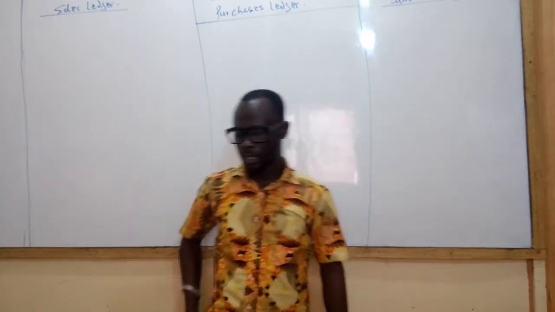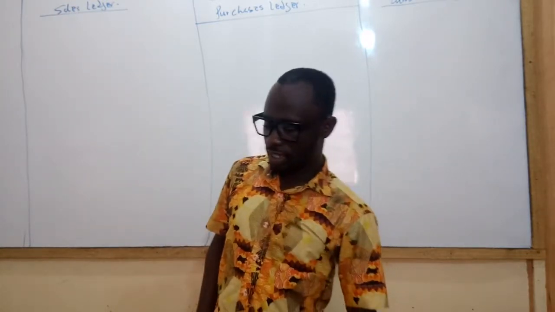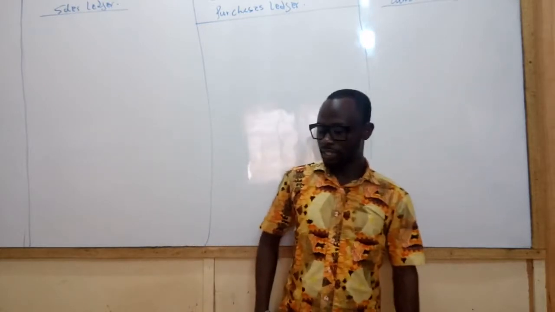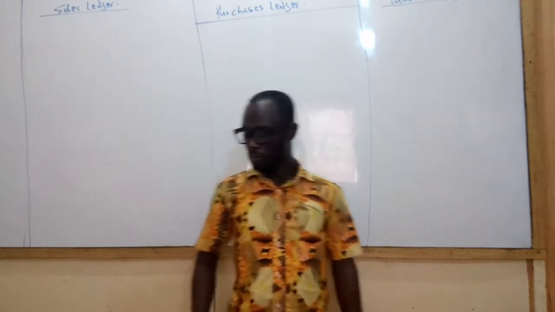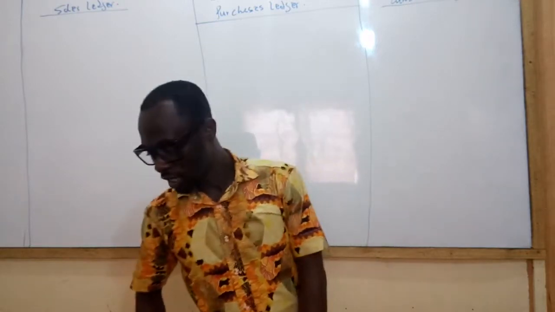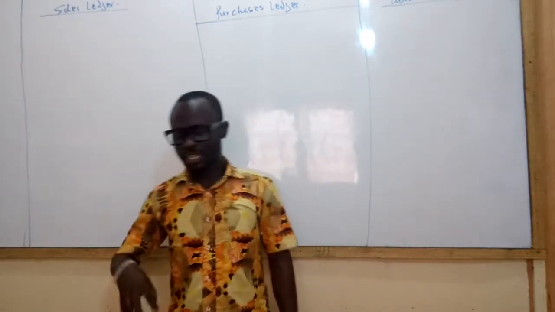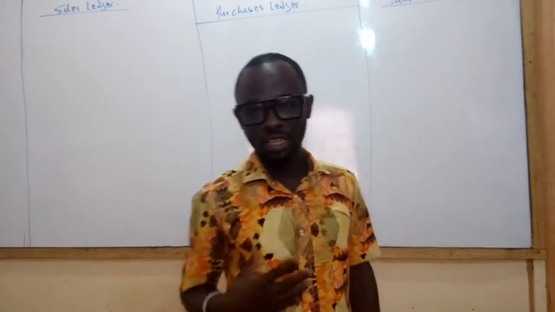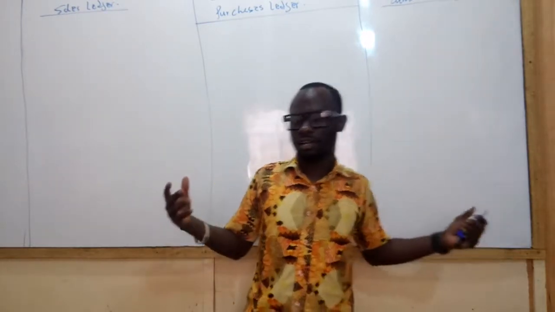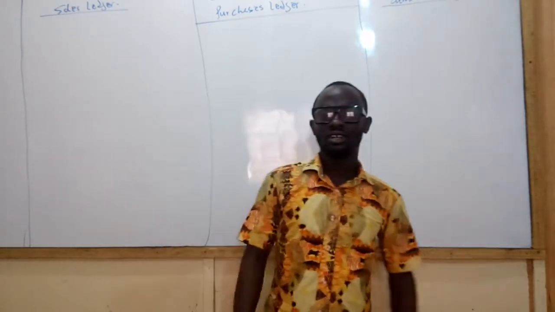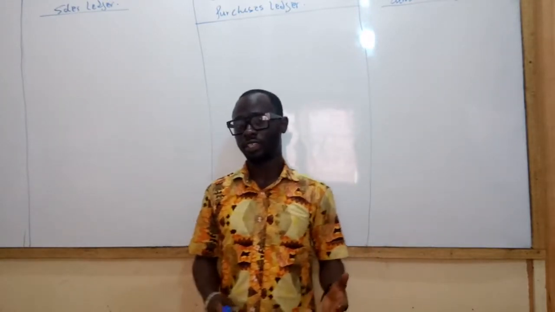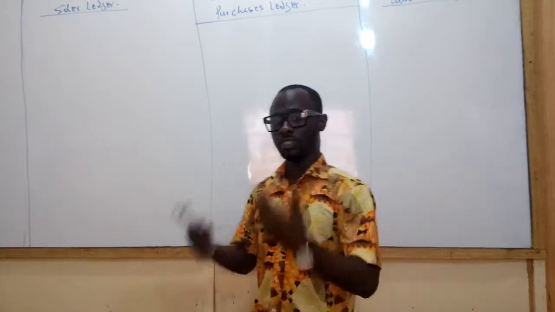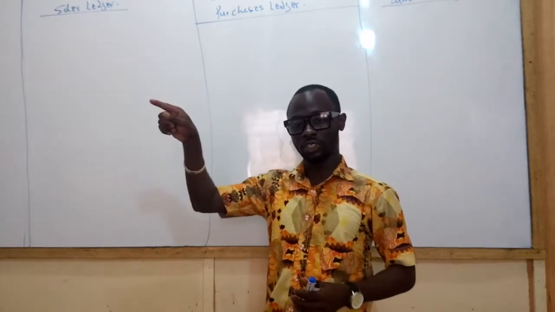May 1, started a business with capital of £7,500 in the bank. Started with capital of £7,500 in the bank. So here, it's capital account and what? The bank account, right? Because yes, you are starting a business with capital, but this time around the money is in the bank.